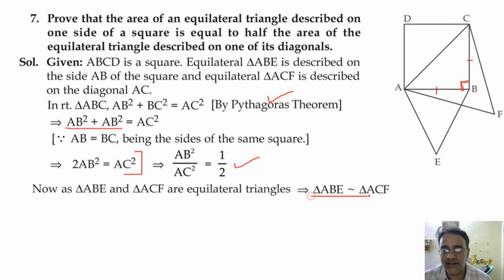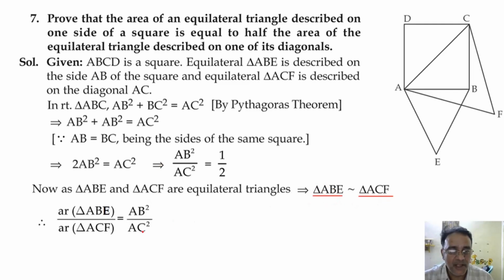Now we will use that property that two equilateral triangles are always similar. So these two triangles are similar. Now the ratio of areas of these two similar triangles is equal to the ratio of the squares of their corresponding sides. So area of triangle ABE upon area of triangle ACF will be equal to AB square upon AC square, and the value of this is 1 by 2.